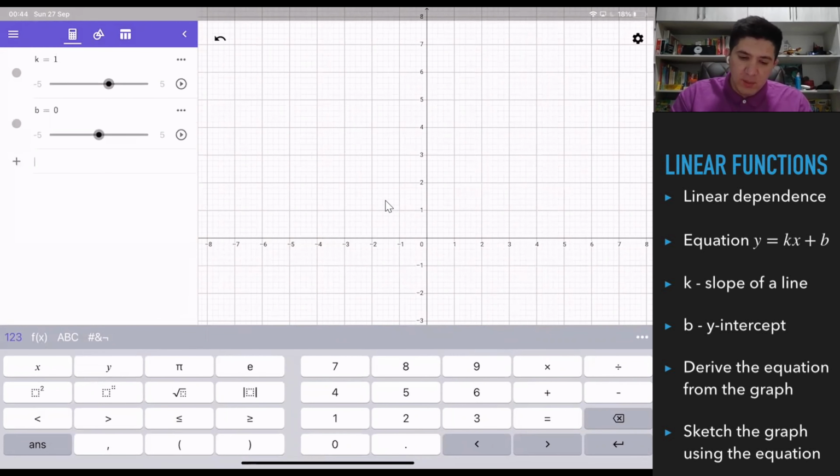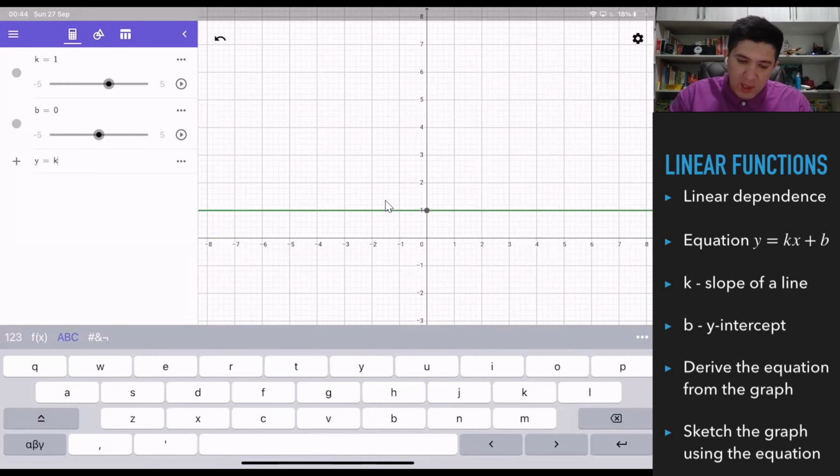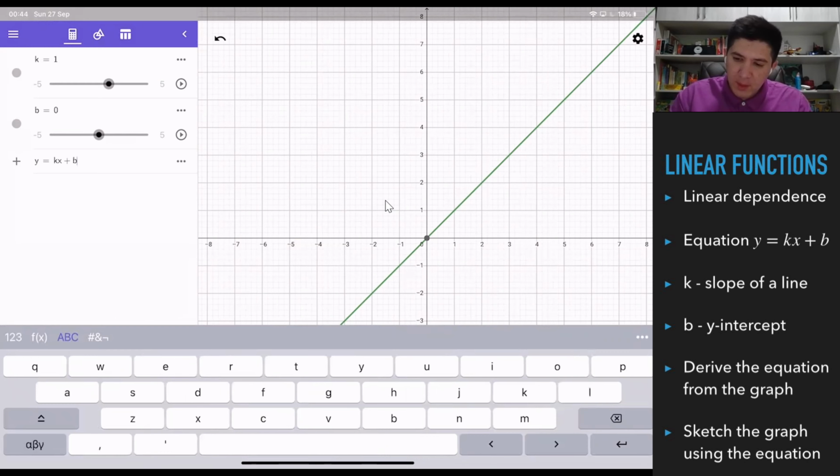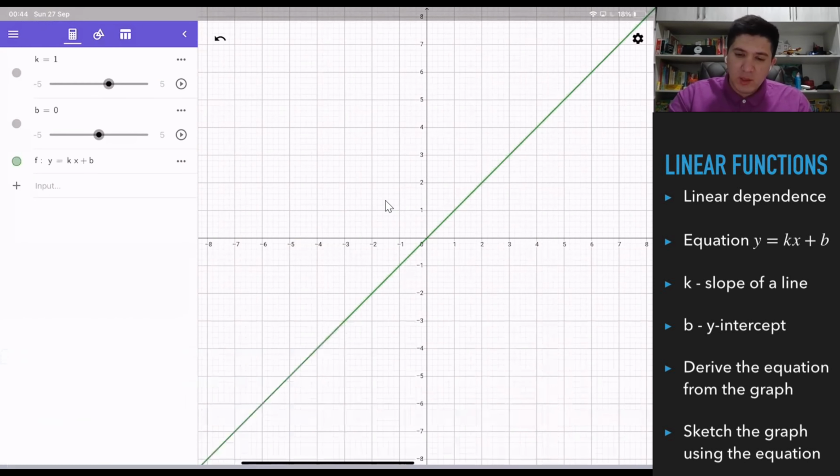Then I need to make a line: y is equal to k times x plus b. Okay, so it is going to be this line.